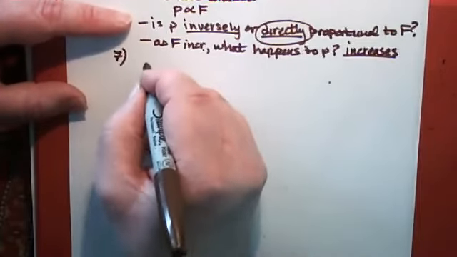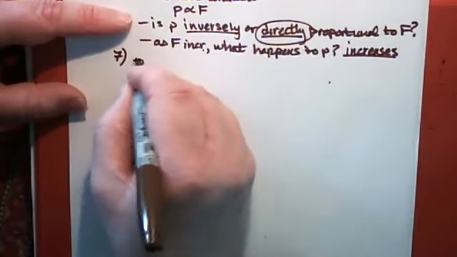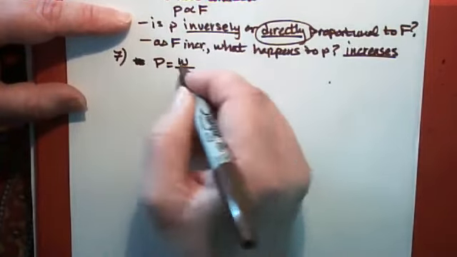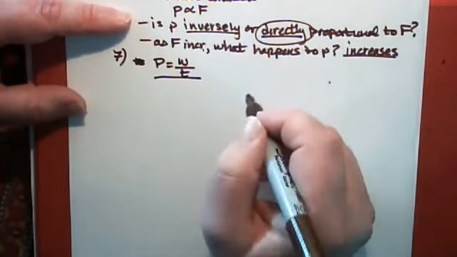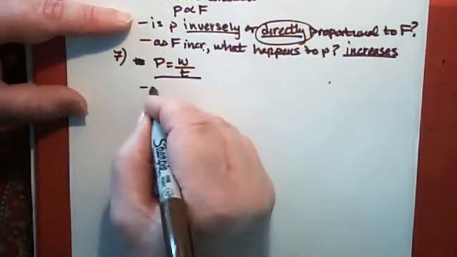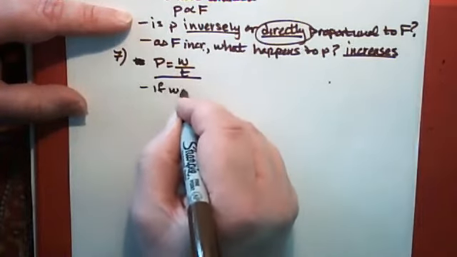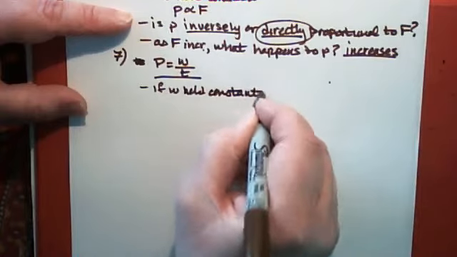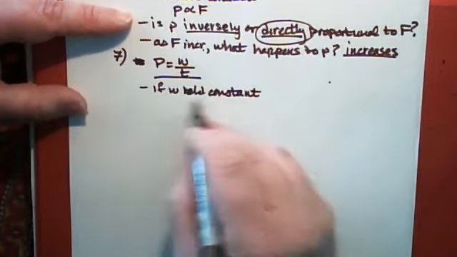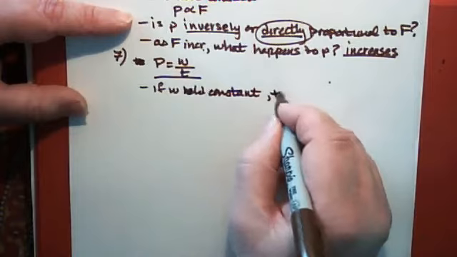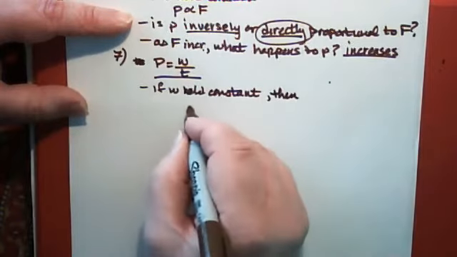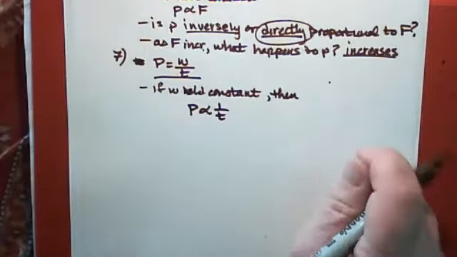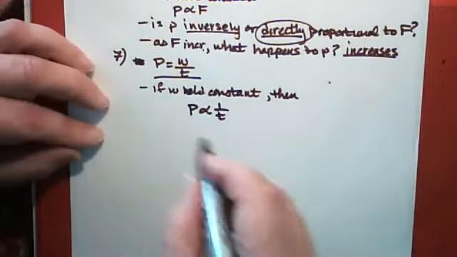So number 7, we have the equation power is work over time, which is an equation that we saw before also. So this is a bit of a review. So anyway, if W is held constant, then the relationship between power and time is inverse. Power would be proportional to 1 over time.